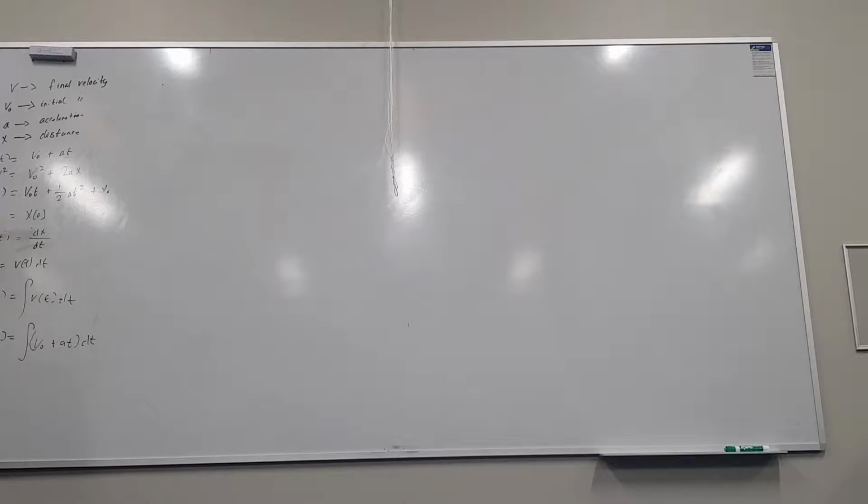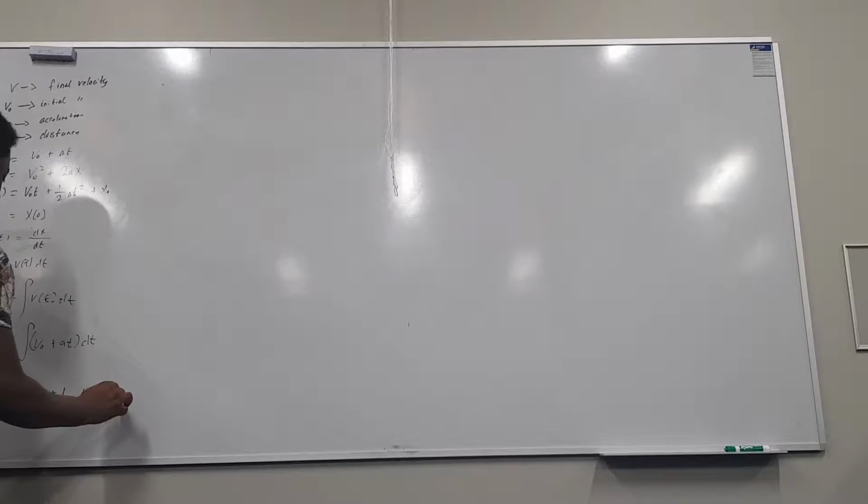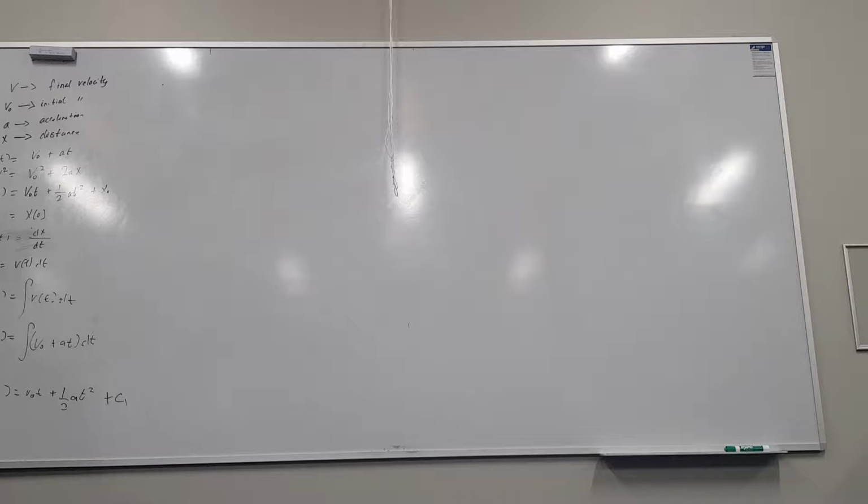If you integrate that, we have x of t equal to v naught t plus, integrating that, half t squared times a, which is half a t squared, plus an arbitrary constant c1.